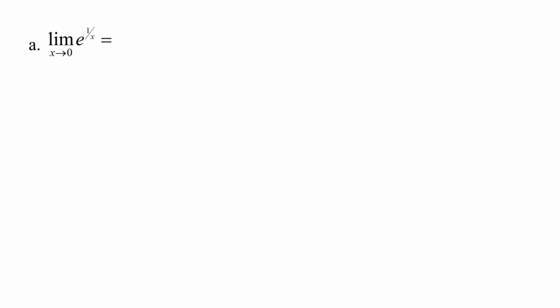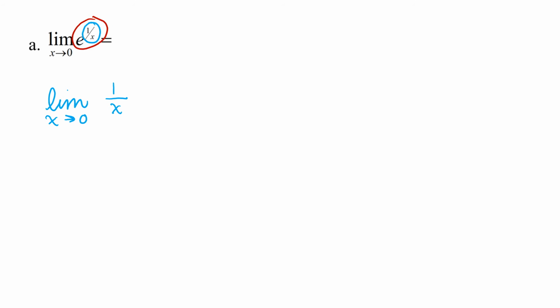We have the limit as x approaches 0 of e to the 1 over x. So here our inner function is 1 over x, and our outer function is e to the x. So first, we need to find the limit as x approaches 0 of our inner function, which is that 1 over x.